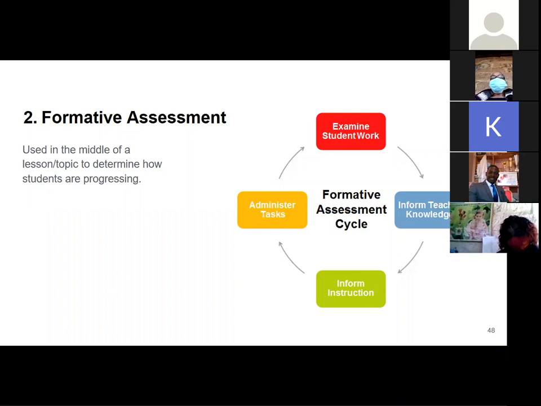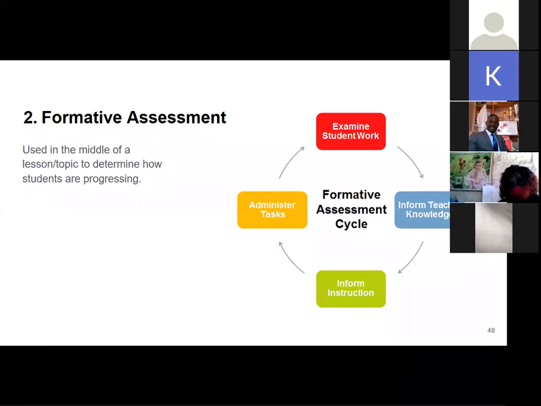If it is planned very well as a process, it elicits what we call evidence of students' achievement, and therefore it can be used by you as a teacher to adjust your ongoing instructional procedure, or it can also be used by the student to adjust their current learning tactics.